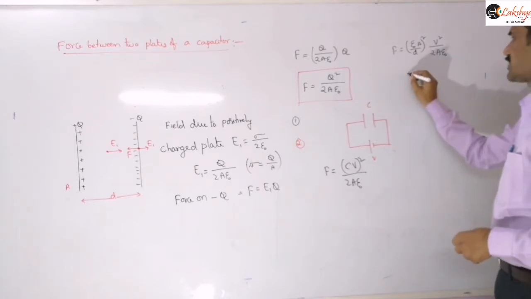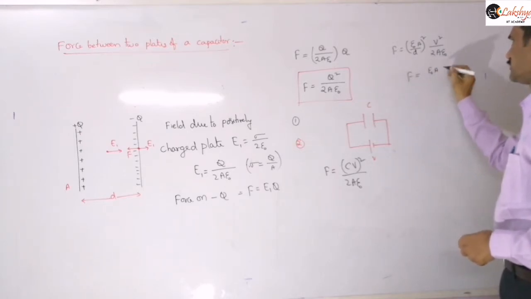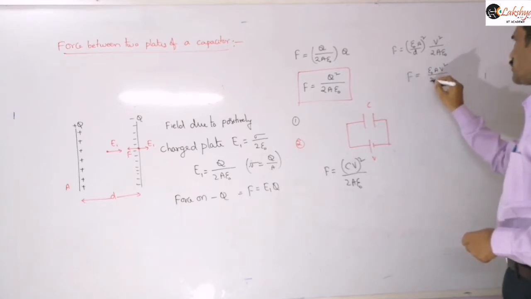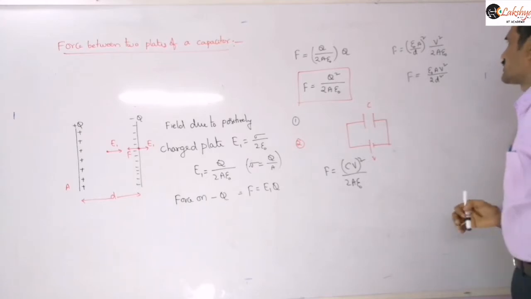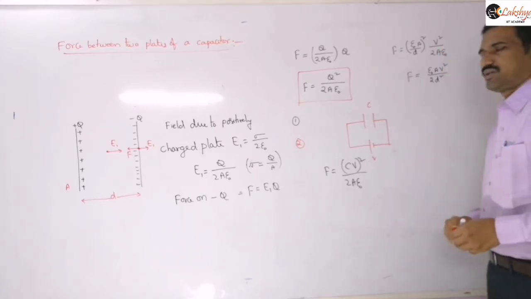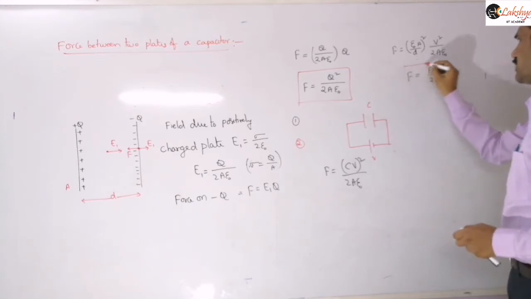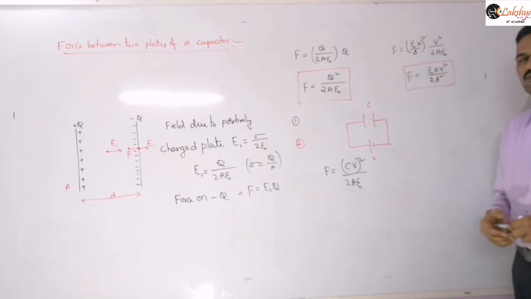This can be written as epsilon naught A into V square by 2D square, right? One A epsilon naught will be cancelled, and so only one A epsilon naught will be there. And so now this is the force between the two plates of the capacitor.